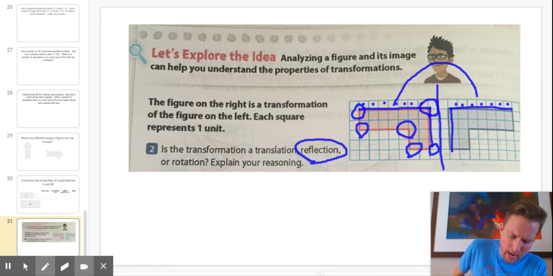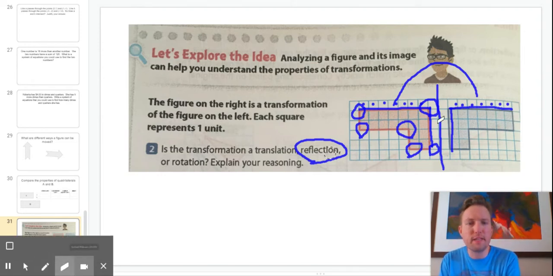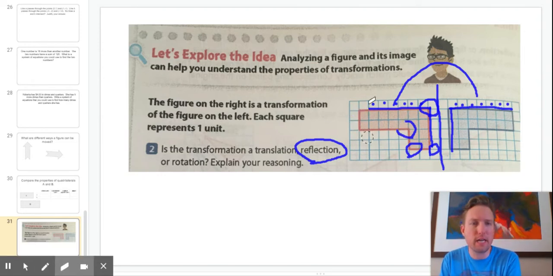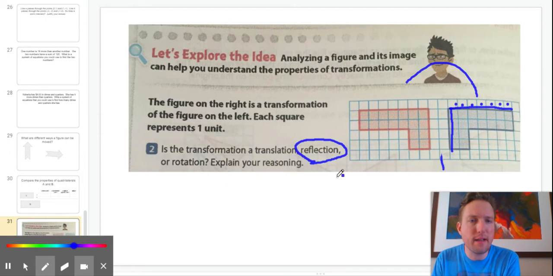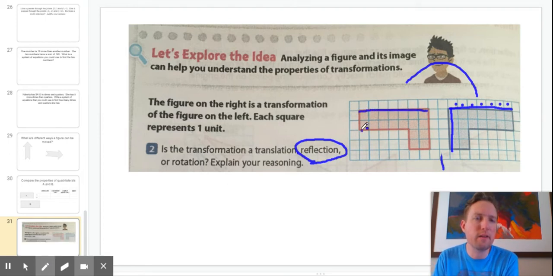Are any of the sides of the original figure parallel? Well, sure. If we look at the sides, I kind of scribbled all over it. But if we looked at the sides, we could see that this line or side is parallel to this line, which is parallel to this line. So we would have multiple parallel lines.